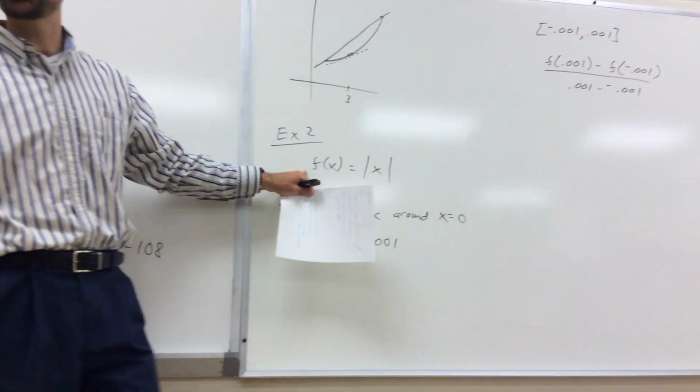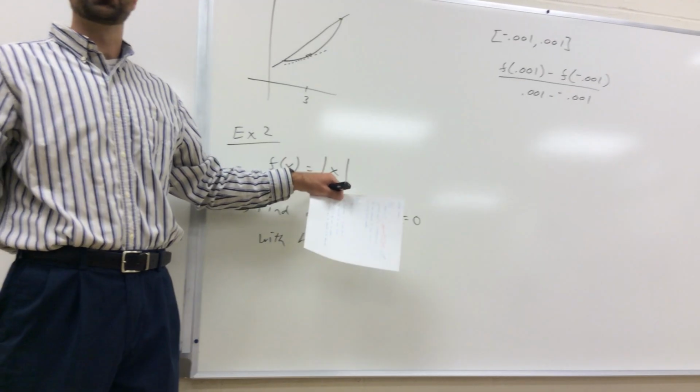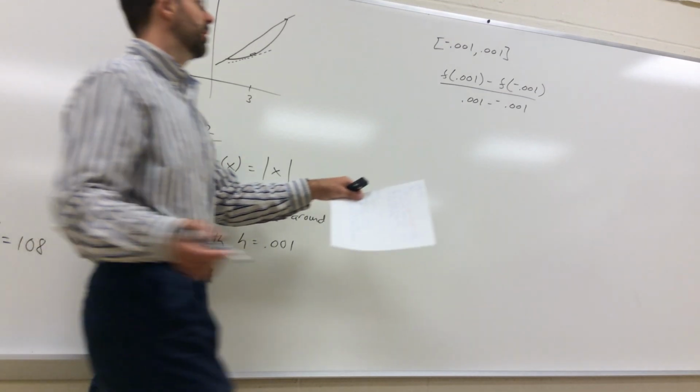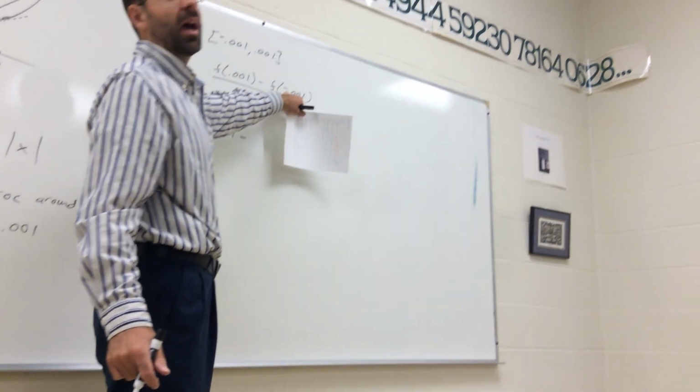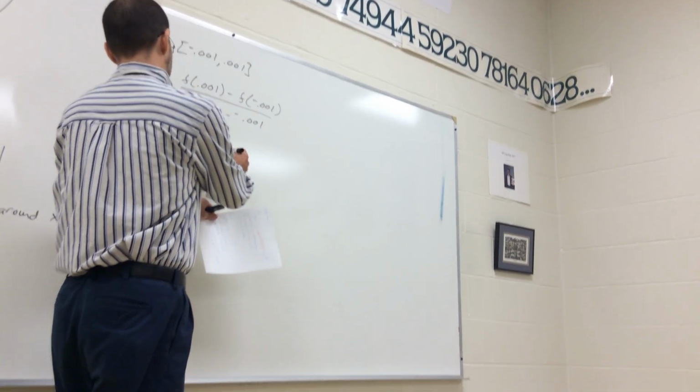All right, so if f of x equals the absolute value of x, and I plug 0.001 into that, I just have to take the absolute value of 0.001. That's 0.001. And then if I take the absolute value of negative 0.001, that's 0.001.